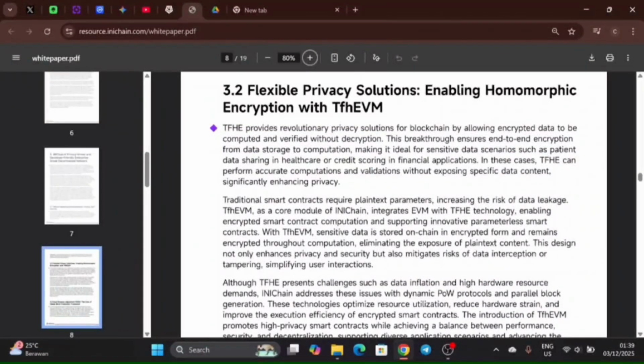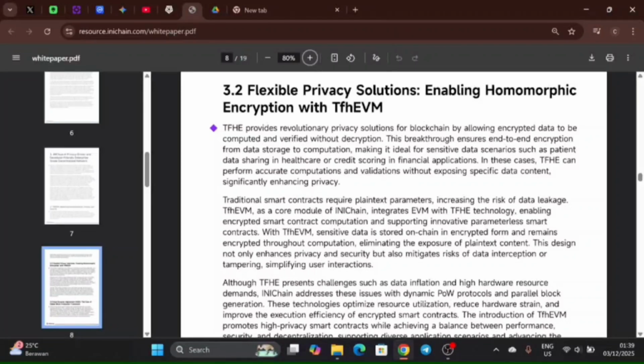Supporting innovative private smart contracts. Enabling means that the FHE technology is able to encrypt the smart contract computation, like mentioned before, without exposing the data.